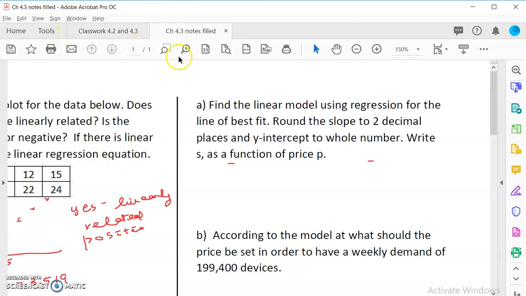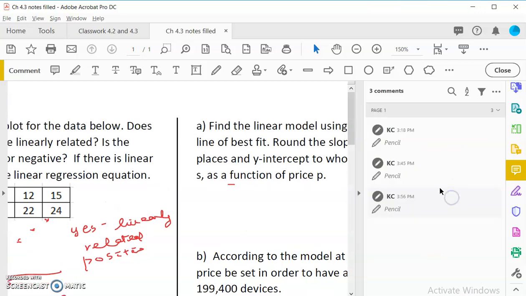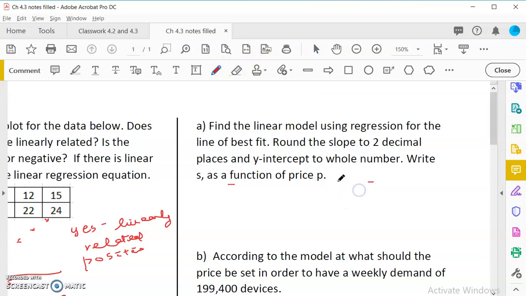So we need to write s as a function of p. So it should be s of p. The function of the demand based on price would be equal to negative 0.36x plus 264.